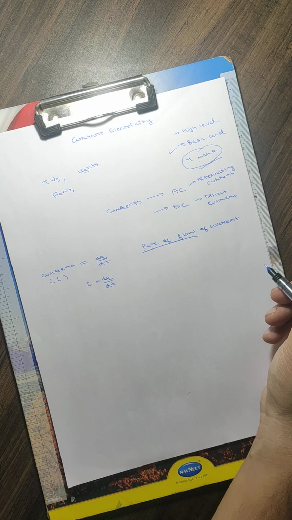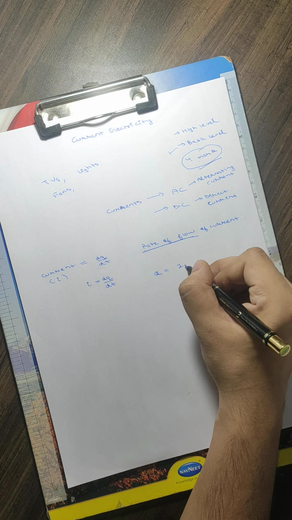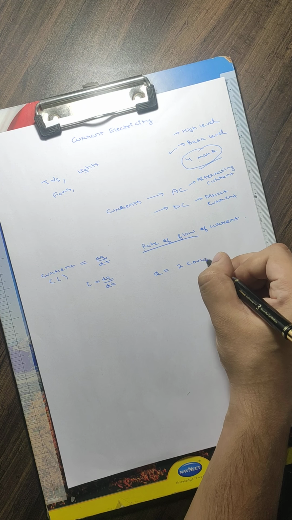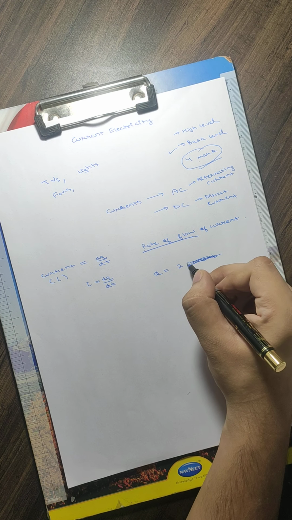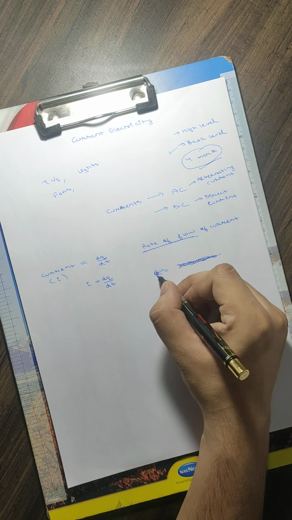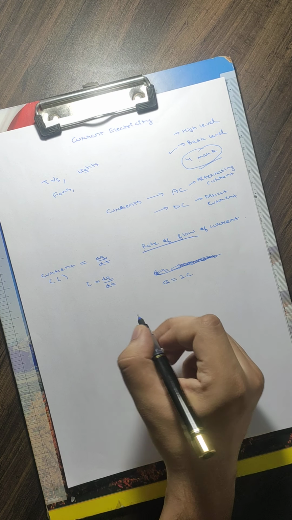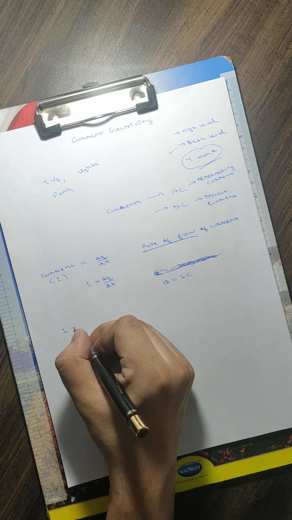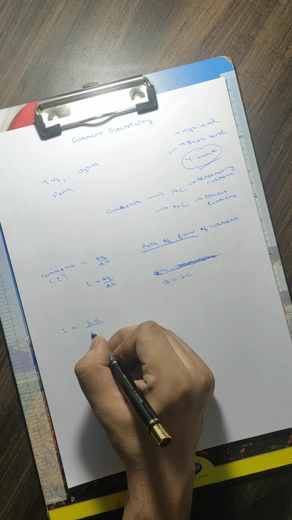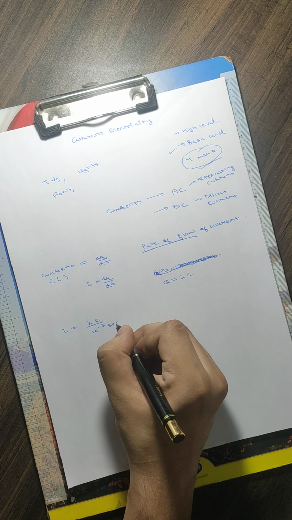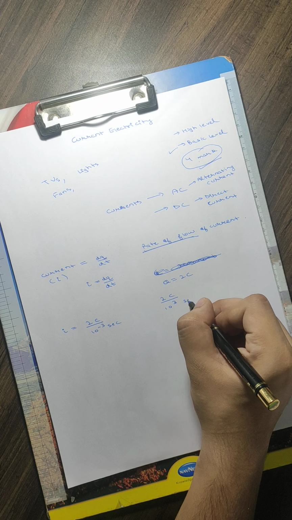Let me show how. Let's take Q to be constant, 2 coulomb, and check two cases. I is equal to 2 coulomb passed in 10 to power minus 3 second, and 2 coulomb passed in 10 to power 3 second.